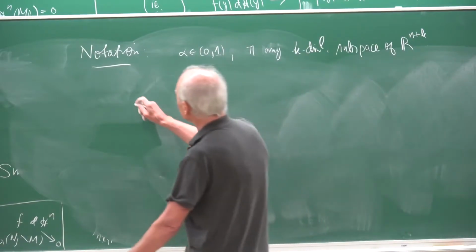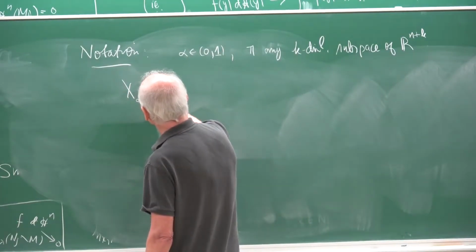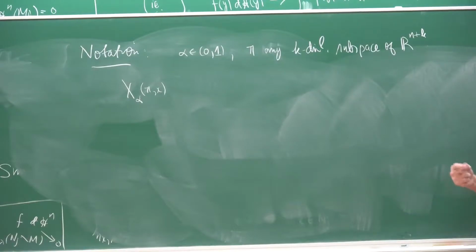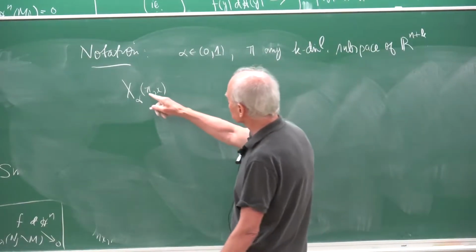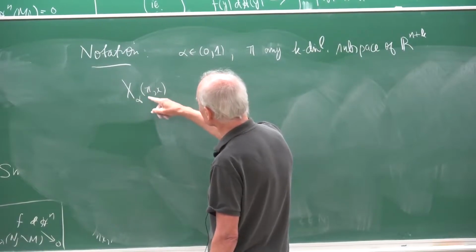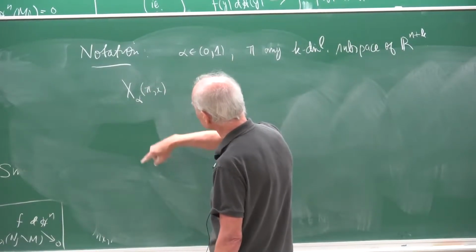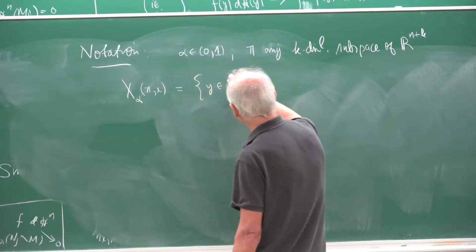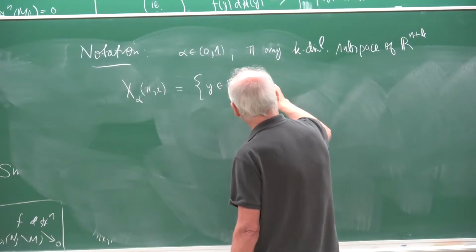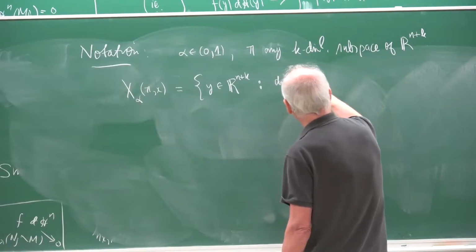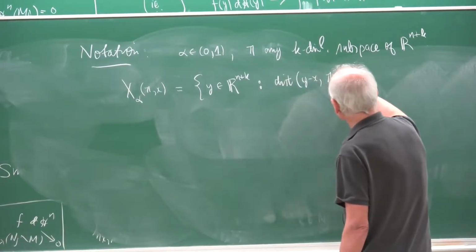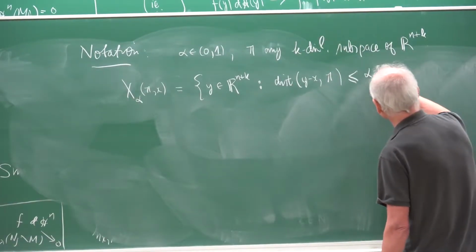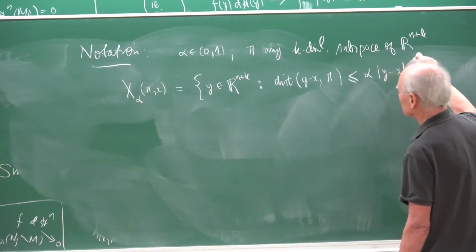And I'm going to let X alpha of pi x be the double cone that you get by taking points whose distance to pi is less than alpha times their distance from x. So in other words, this is the set of y in Rn plus k such that the distance of y minus x to pi is less than or equal to alpha times the distance from y to x.